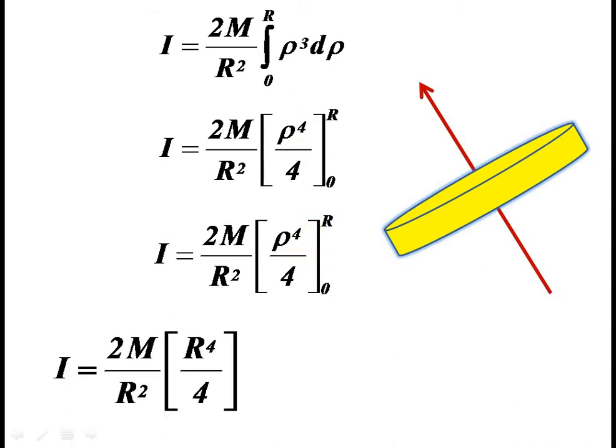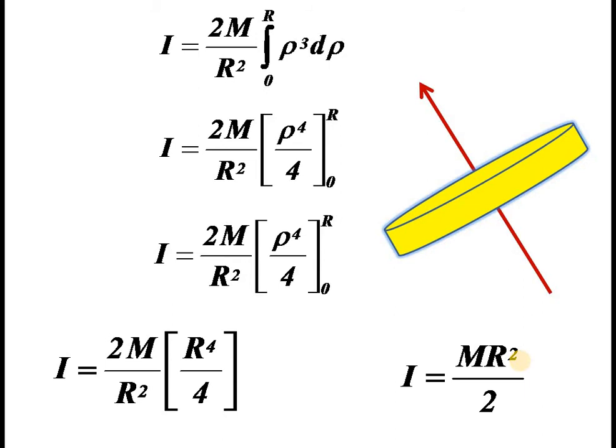If you put the values in, R raised to 4 by 4 minus 0. So beautifully we get I equals 2M by R square into R raised to 4 by 4. Rearranging the terms, 2 cancels, 4 cancels, and you get I equals M R square by 2. So this is the moment of inertia of a disk.